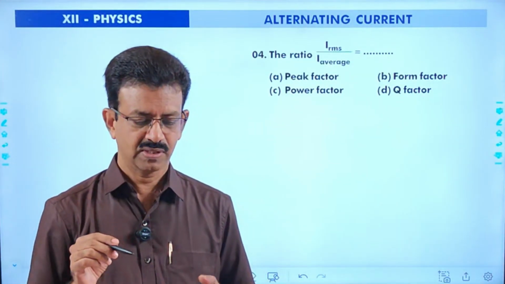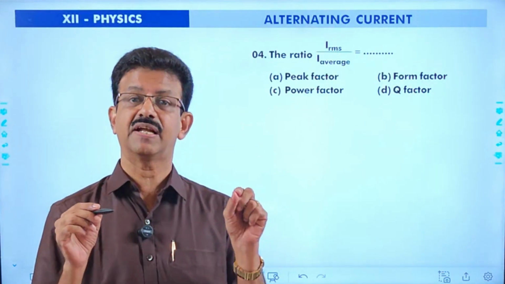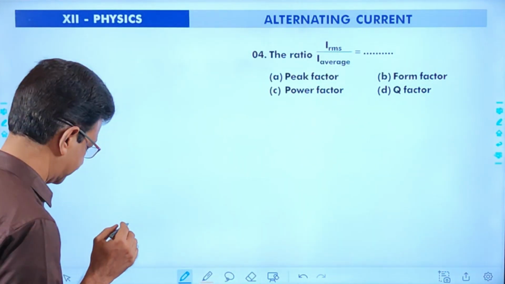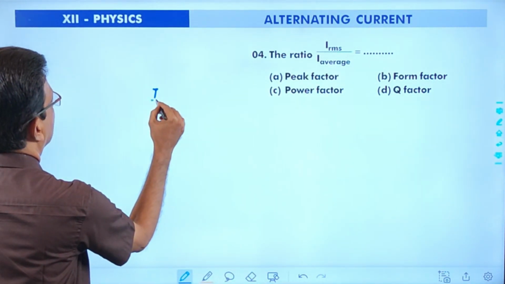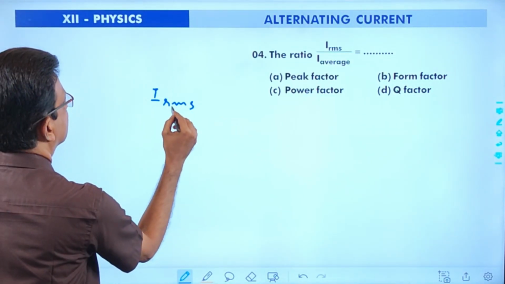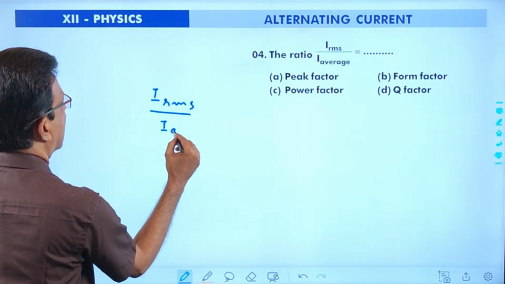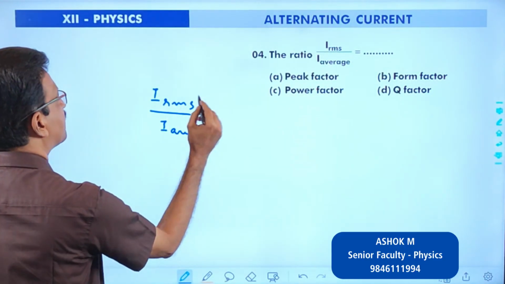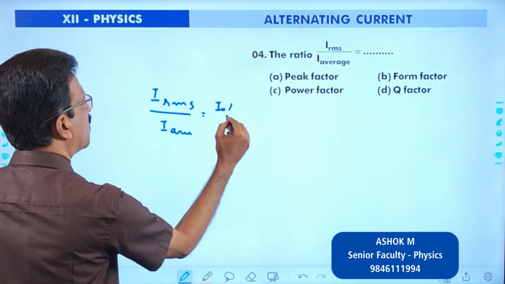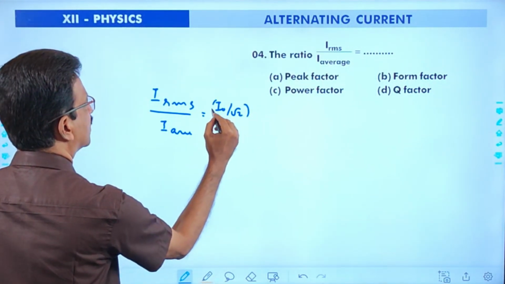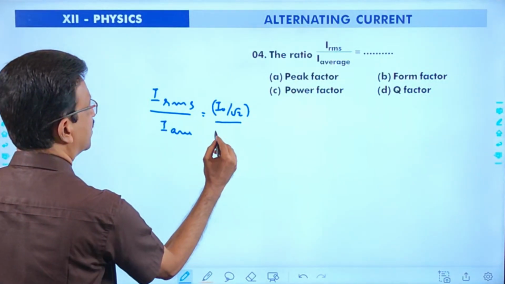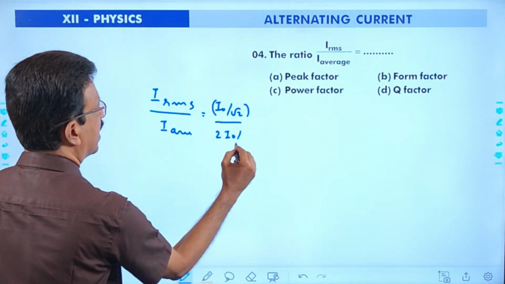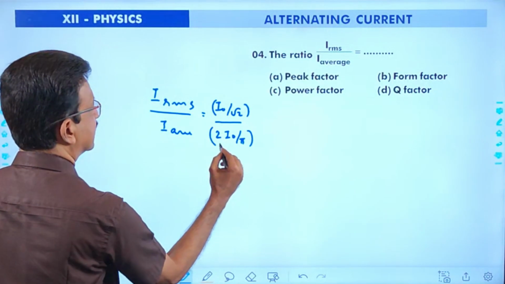Question number 4. The ratio IRMS divided by I average. RMS value means I0 by root 2. Average value is 2I0 by pi.